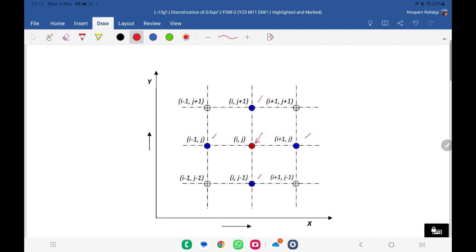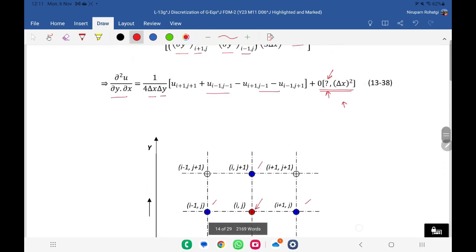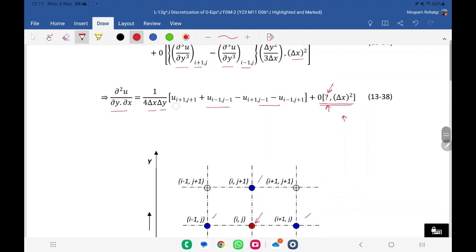So mixed derivative at a point is written in terms of, you can say, 4 points, left and right, top and bottom of a current point. Okay, this you can see here, these 4 points.